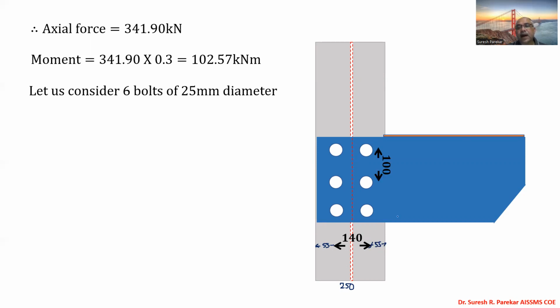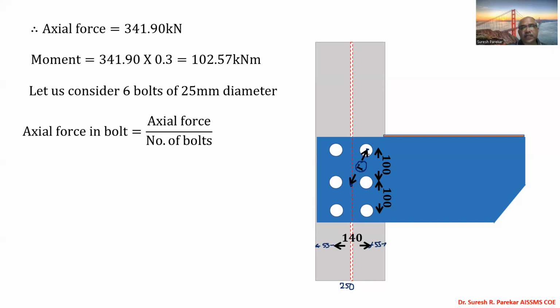Then we have 100 mm, that is the distance between the bolts in the vertical direction, the gauge, we can say. And then we have R, which is the distance from the CG of the group to the center of the bolt. We require this R to find the value of force due to moment, and this R we always have to take for the farthest bolt.